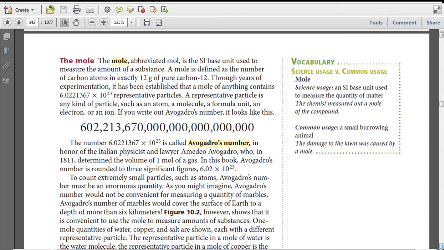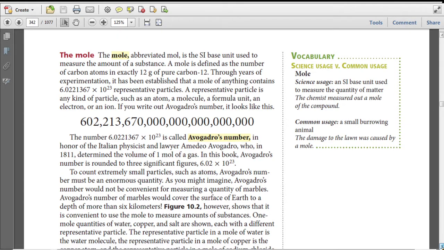The number 6.022137 times 10 to the 23rd is called Avogadro's number, in honor of the Italian physicist and lawyer Amedeo Avogadro, who, in 1811, determined that the volume of 1 mole of a gas. In this book, Avogadro's number is rounded to 3 significant figures, 6.02 times 10 to the 23rd.